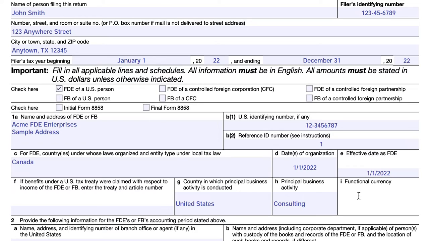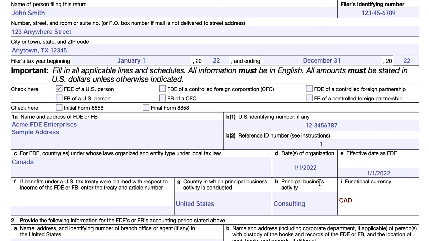Each entity should have a functional currency in a foreign currency code, so you would have to go to the IRS website to get the information. In this case, Canada's happens to be CAD.